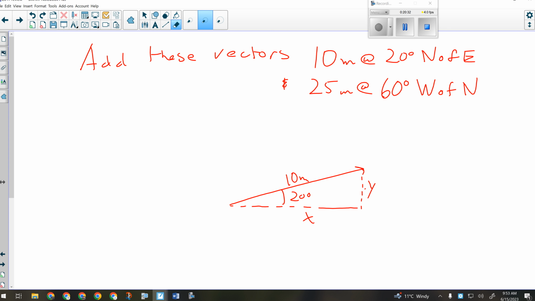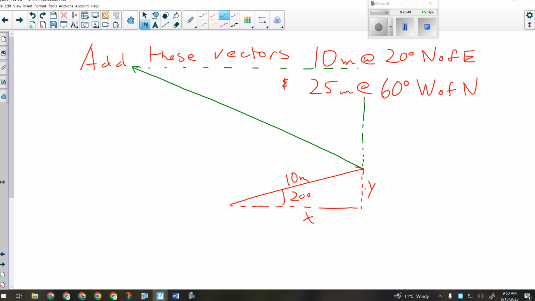Then our other vector is 60 degrees west of north. There's my north reference line, 60 degrees, for 25 meters. Probably should have positioned that differently, but that's the way it worked out. This will be y, this will be x, that'll be 60 degrees, and that'll be 25 meters. Which means my resultant is going to go like this.